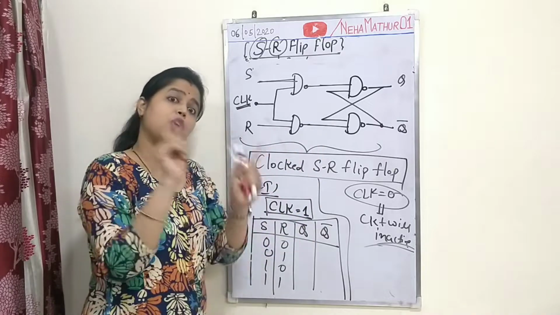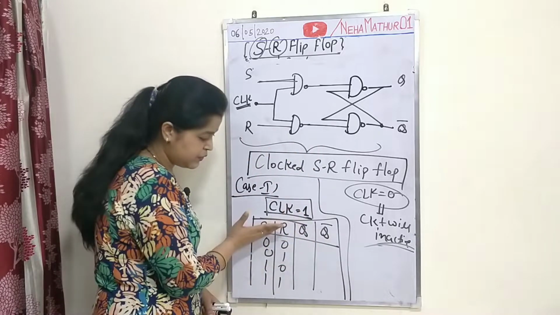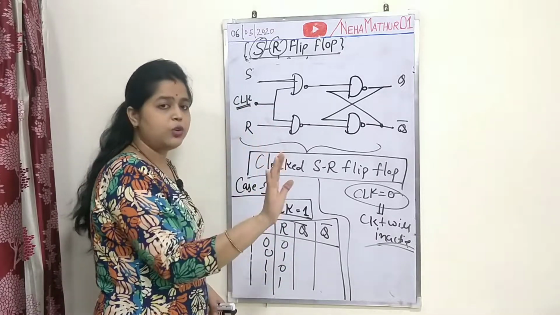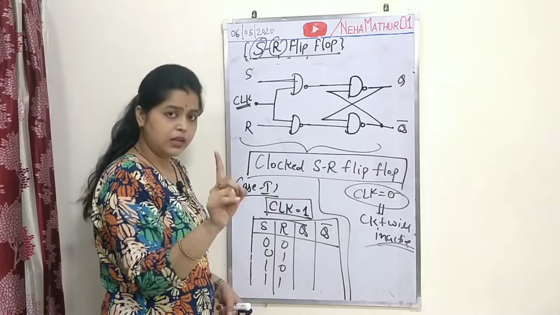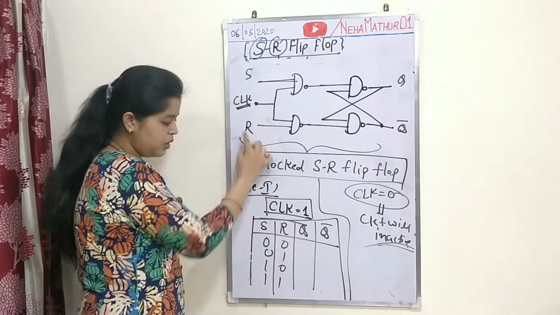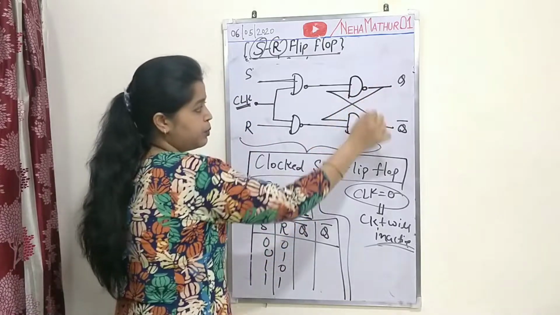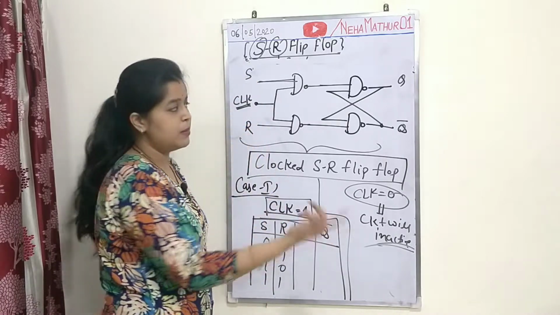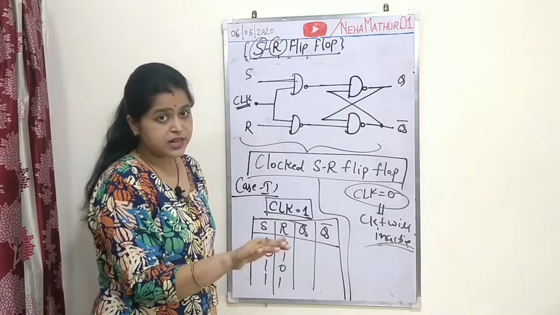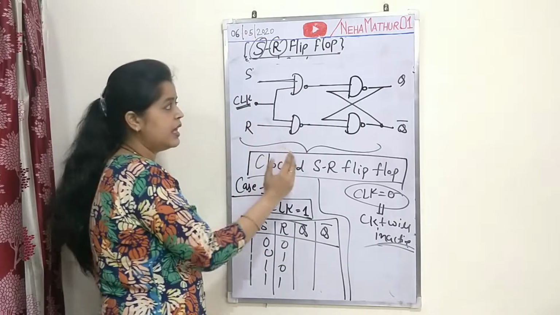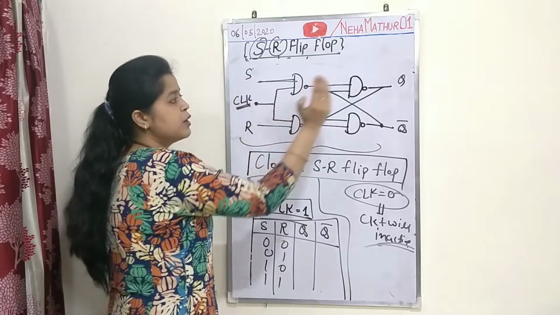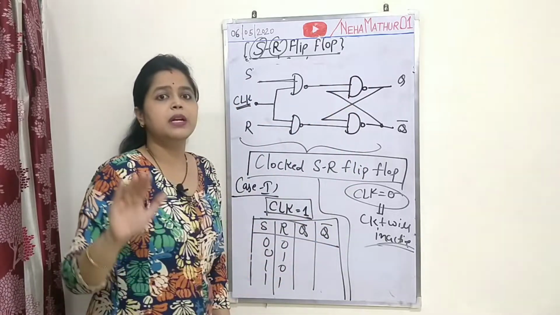While when your clock is equal to 1, it will work. When the clock is set at 1, then for 0 0, the output will depend on the previous state. For 0 1, your output will be 0 1, that means your reset state. For 1 0, again it will be 1 0, that means your set state. And for 1 1, it will be 1 1, which is your prohibited state.